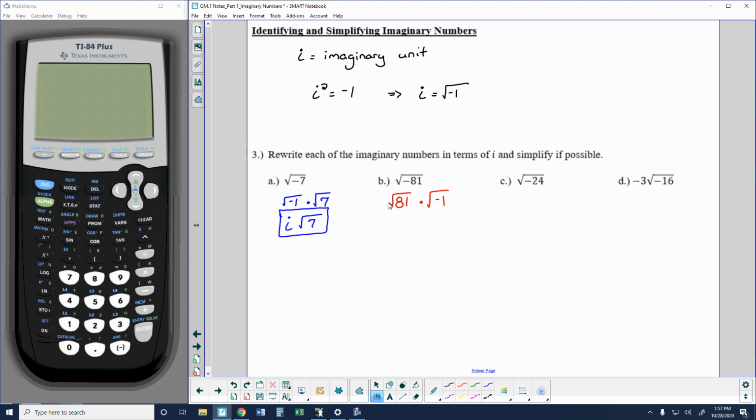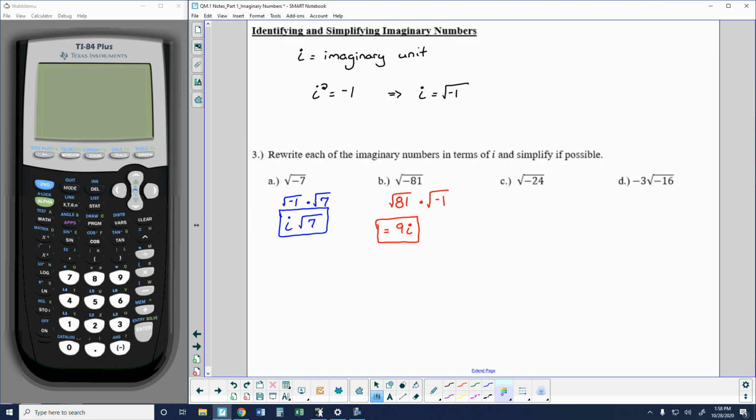The square root of 81 simplifies to 9. Now, it does not need to be plus or minus 9 because we are simplifying and not solving. We'll get to more detail on that later, but for right now, it's just 9. The square root of -1 is i. And so this expression simplifies down to 9i.